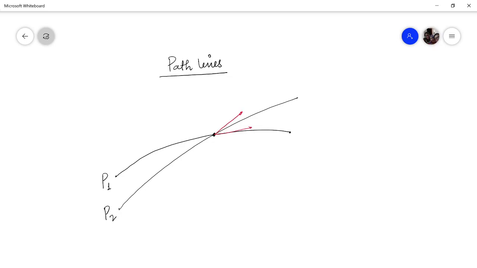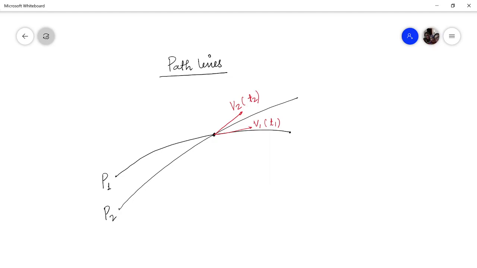It has velocity v1 at time t1, when particle P1 arrives at this point, and when particle P2 arrives at this point, this will be the velocity at some other time t2. Therefore, two path lines can always intersect.